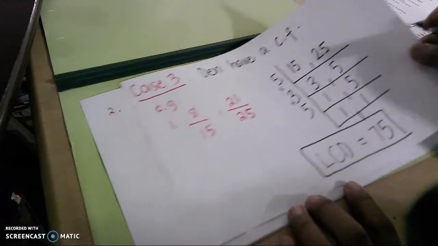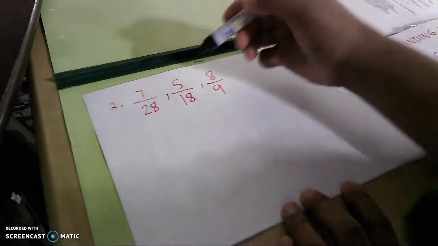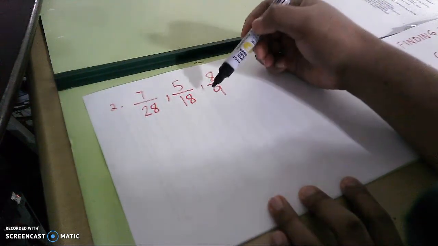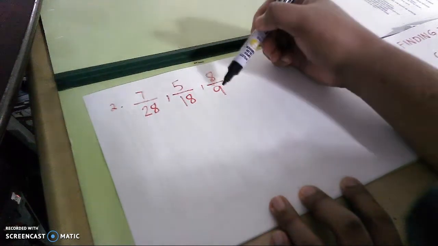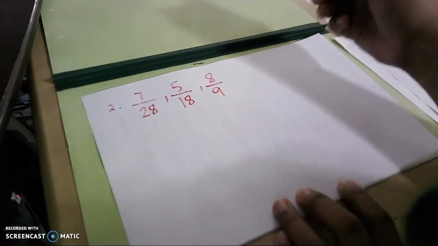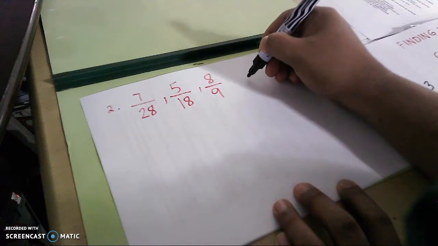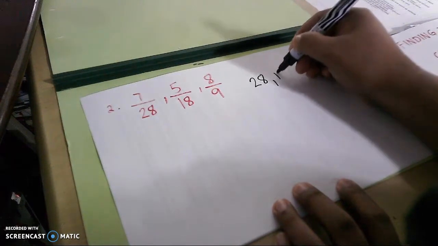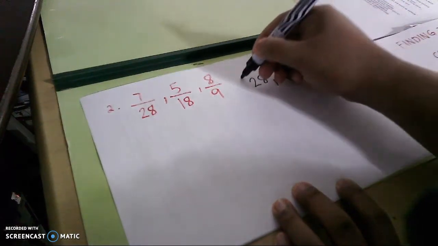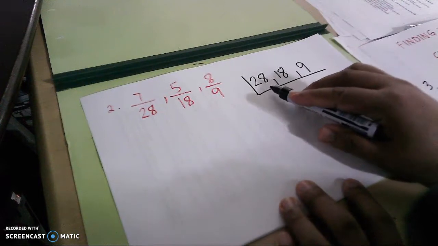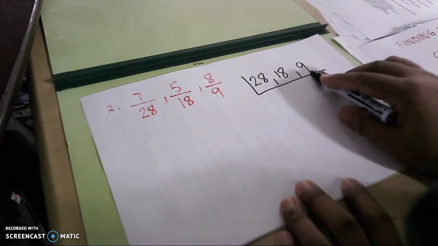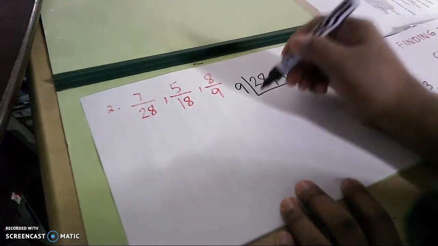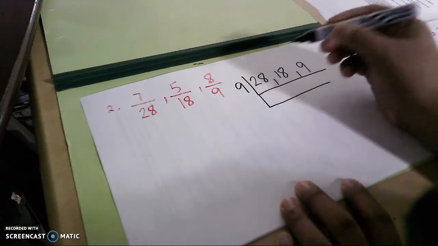Okay. And the second example. We have 7 over 28, 5 over 18, and 8 over 9. Here, 18 is a multiple of 9, but 28 is not a multiple of 9. So we don't have a choice but to use the long division, the continuous division method. So we have 28, 18, and 9. What's a common factor? 18 and 9 are both divisible by 9. So let's divide both. 28 by 9 can't be.